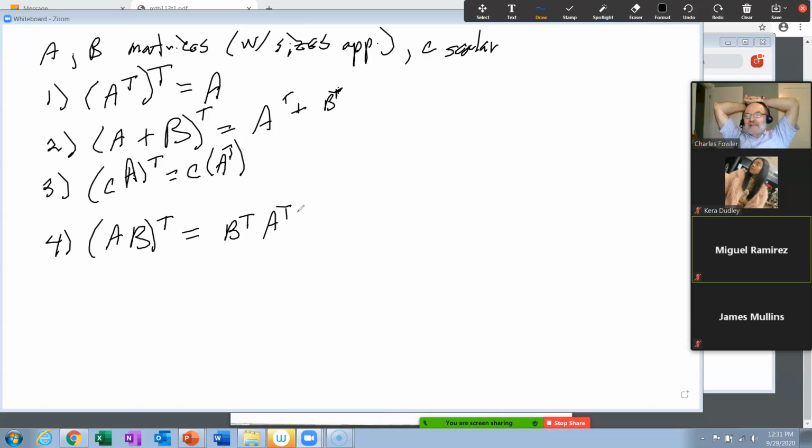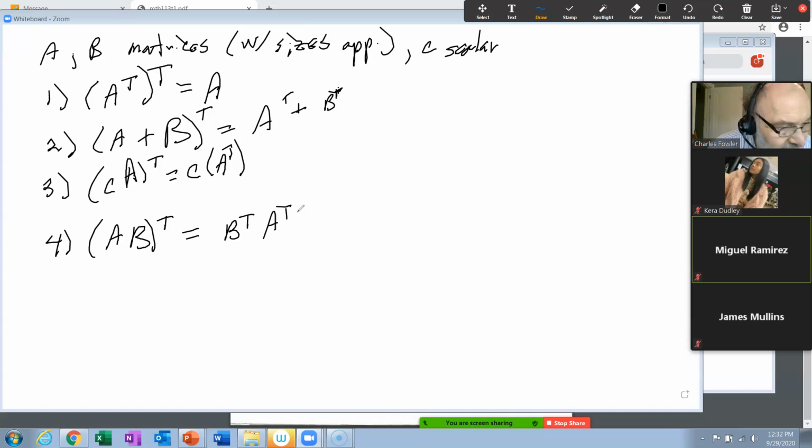Now, what we're saying is if you had a string of matrices multiplied together, and at some point you better get the sizes all correct. That would be A times B times C times D times E times F, and transpose that product, you're going to wind up with F transpose times E transpose times D transpose times C transpose times B transpose times A transpose. So you could do it for any number of them.